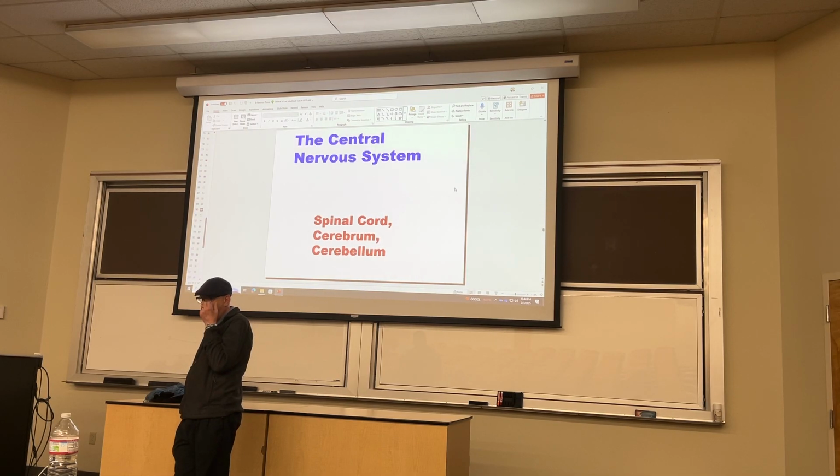So we'll be looking at some of that. And then eventually on Wednesday, we'll look at all these things like the spinal cord and the cerebrum and the cerebellum and all of that. And so that's kind of where we're headed.